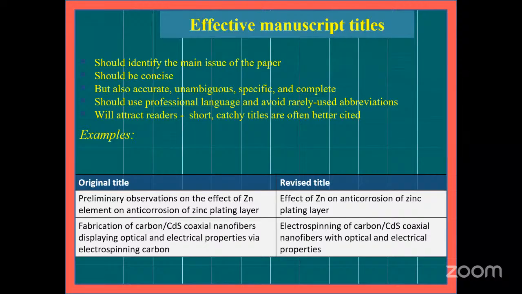The title should be in explained form. You got it or not? But you can see that electrospinning of carbon or cadmium sulfide coaxial nanofiber with optical and electrical properties is the revised one. So this is the way; you cannot use any kind of non-scientific norm. That is very important. You should follow the scientific norm.